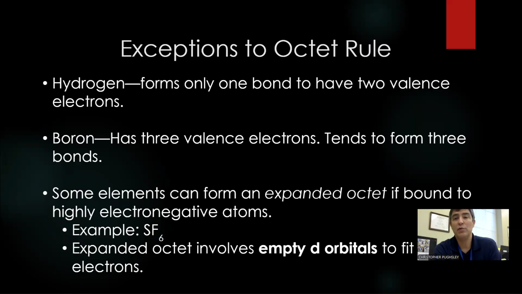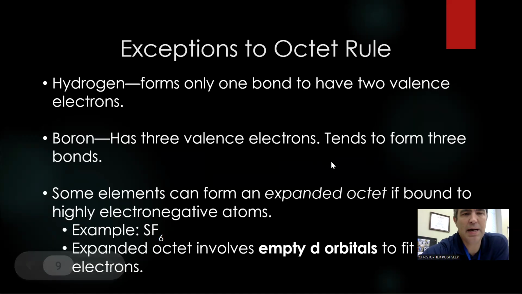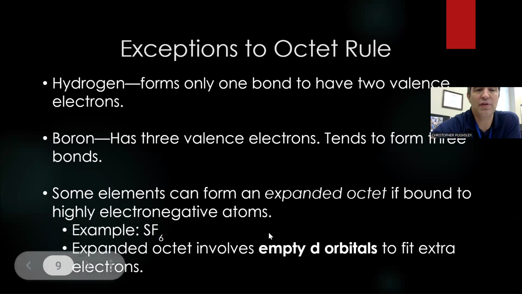And some can have what we call the expanded octet, which makes them highly electronegative atoms. Expanded octet involves empty d orbitals to fit the extra electrons, like SF6.